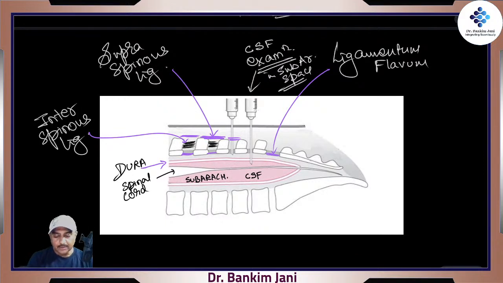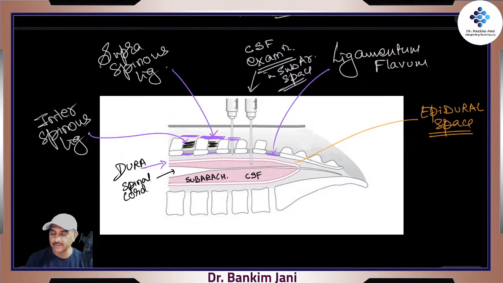Next one. The second needle, right? The second needle which is passing through the supraspinous ligament, and it is passing through the interspinous, and then the ligamentum flavum is pierced, and then it's over there, right? That is our epidural space, right? So this space is called the epidural space. So for spinal anesthesia or epidural anesthesia, that is where the needle would be landing, right?